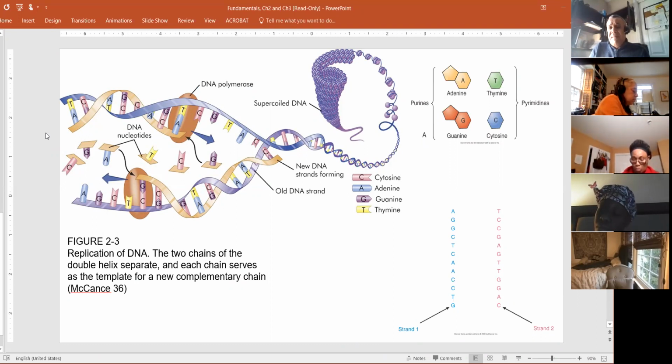So every cell division it becomes smaller and smaller until the last division, when the telomere is gone, because the telomerase enzyme is not there or is absent, then the cell will eventually die, which brings it to what is called apoptosis.